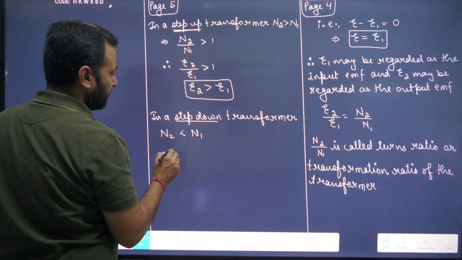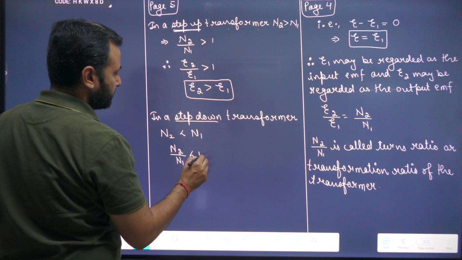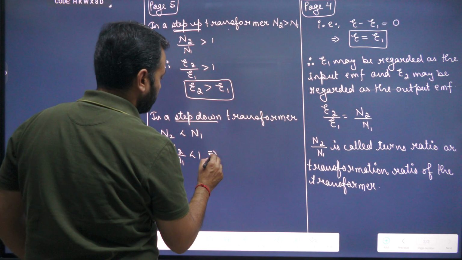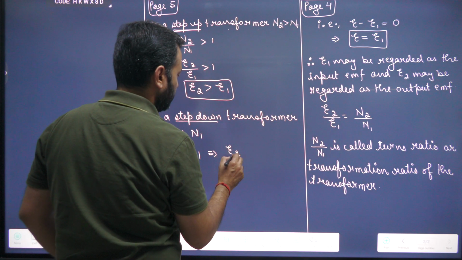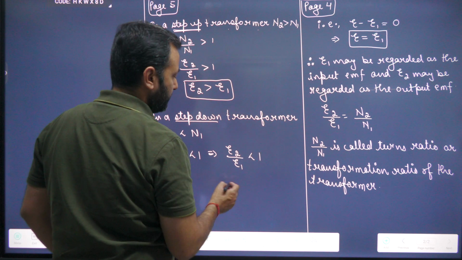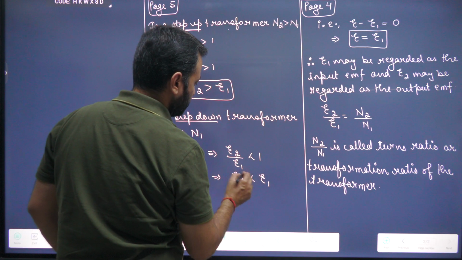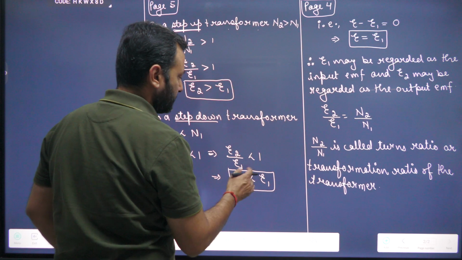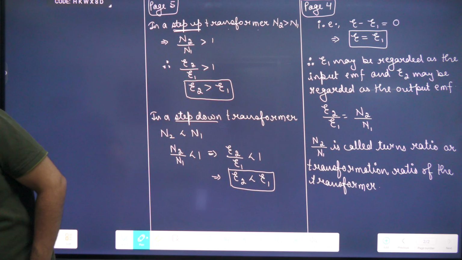So it implies that N2 upon N1 is less than 1, and we know that N2 upon N1 is equal to E2 upon E1. E2 upon E1 is less than 1, and if I take this E1 here, then we get E2 less than E1. It means that the output voltage is less than the input voltage in the case of a step-down transformer.